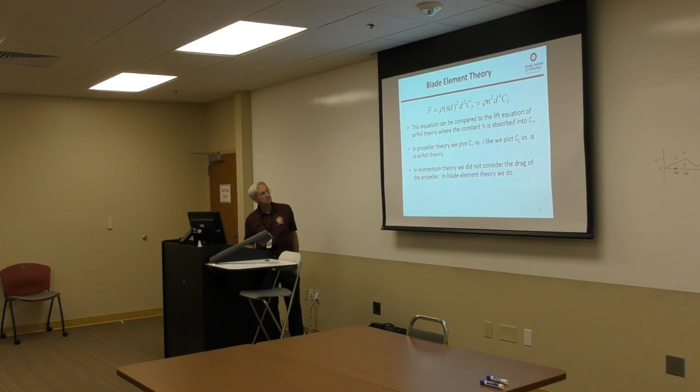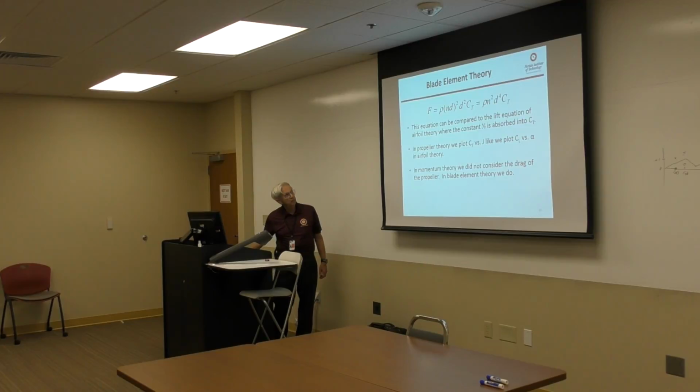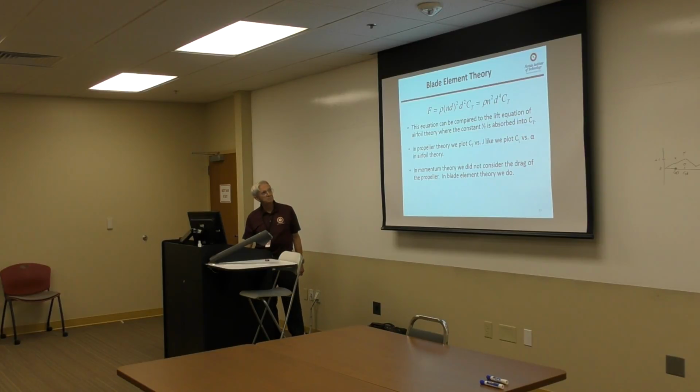So the thrust is equal to the air density, times revolutions per second times diameter, that term squared, times the diameter squared, times the thrust coefficient, C sub T, and that's equal to rho n squared D to the 4th times C sub T.